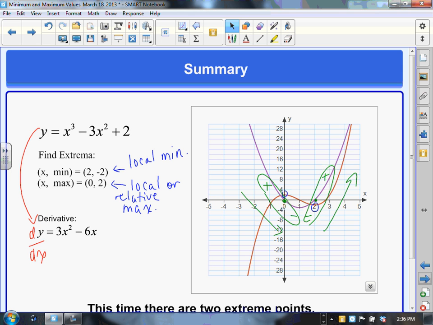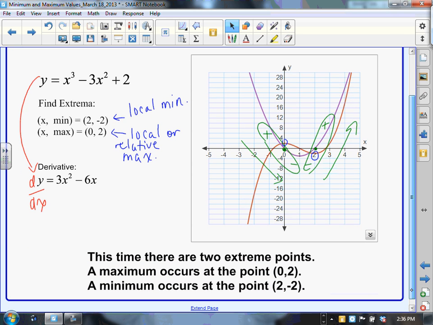So there's something to be said about this: if we need to find the positions of local extremes, local maxes and local mins, then we simply need to analyze the derivative function for where it happens to change sign. Where does it go from positive to negative or from negative to positive?